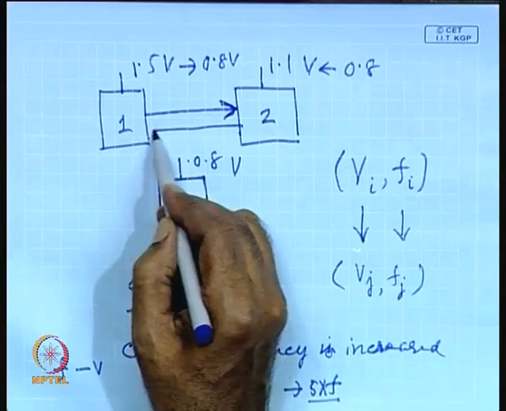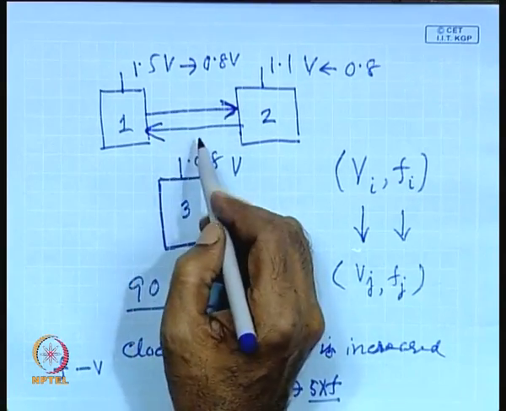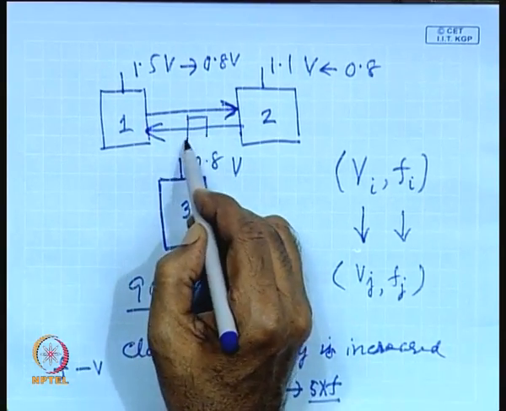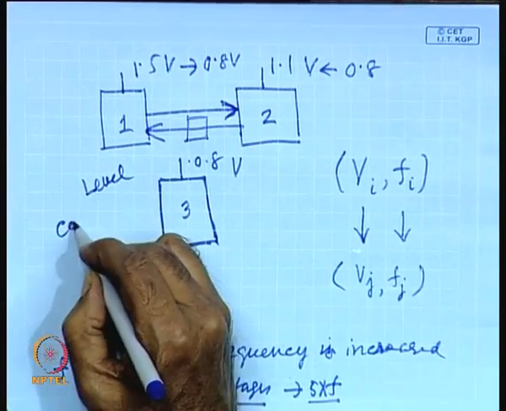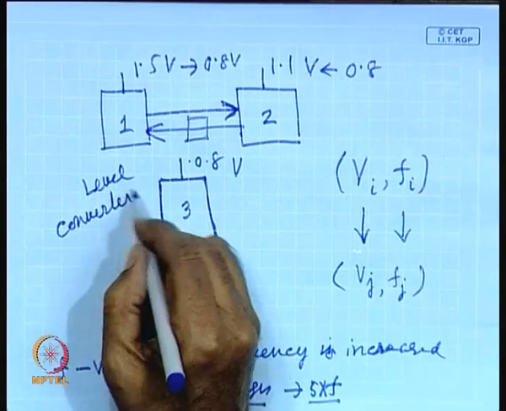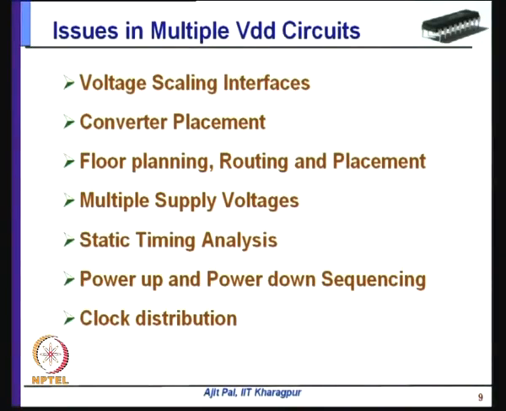So, sometimes we have to put additional hardware in the form of a level converter. So, a level converter needs to be used, and converter placement is one of the important issues whenever we go for multiple VDD circuits.